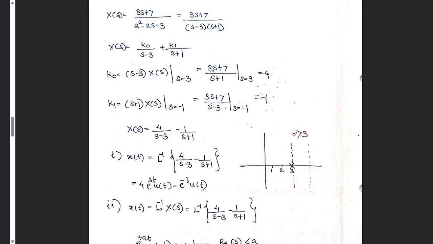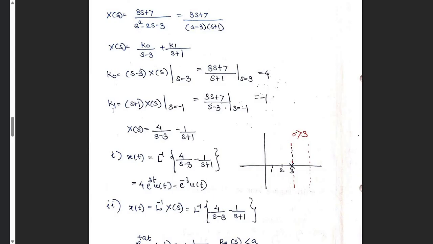So first, K0 = (s - 3) times (3s + 7)/((s - 3)(s + 1)). The s - 3 cancels, and the remaining is (3s + 7)/(s + 1) at s = 3. Substituting, 3 times 3 is 9, 9 plus 7 is 16, divided by 3 plus 1, which is 4. So K0 comes out to be 4.